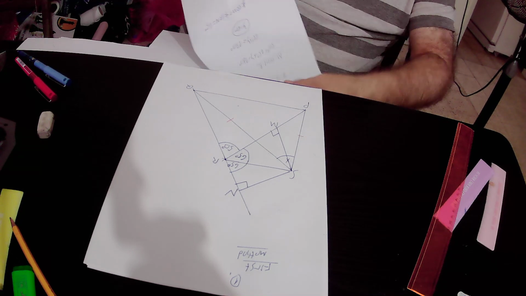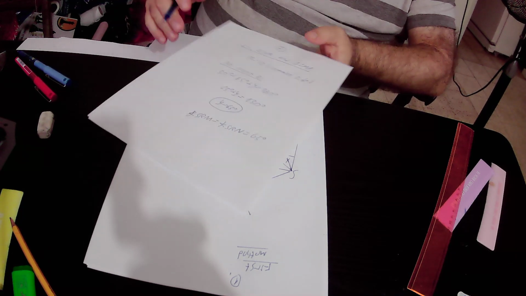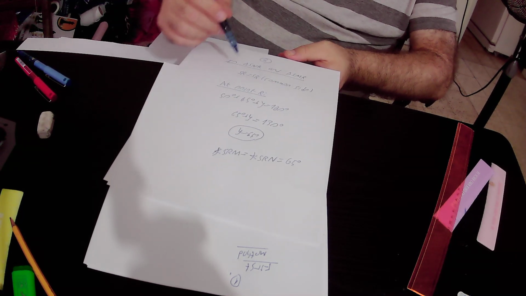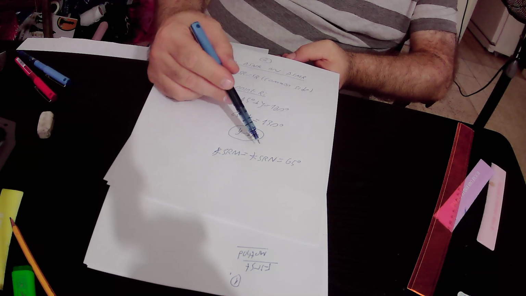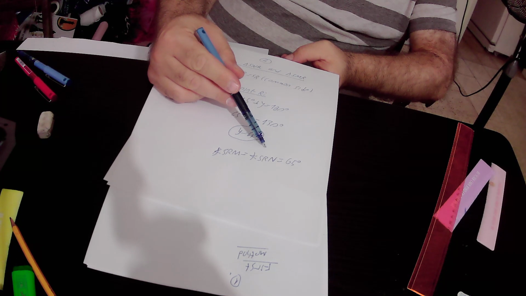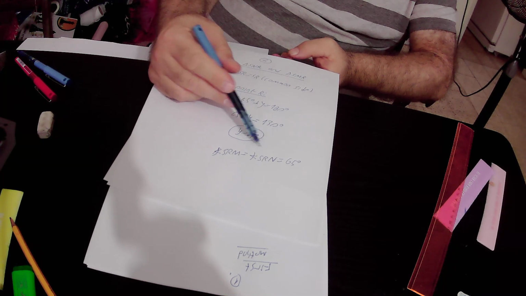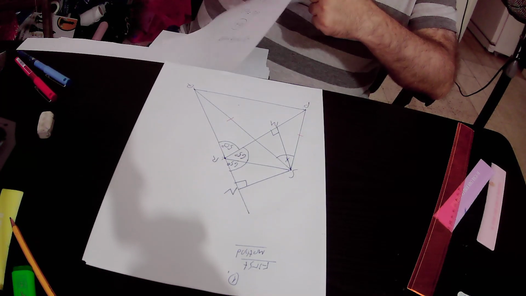Angle SRM from triangle SMR equals angle SRN from triangle SNR, both equal to 65 degrees.